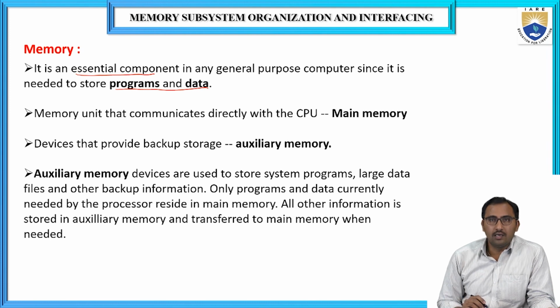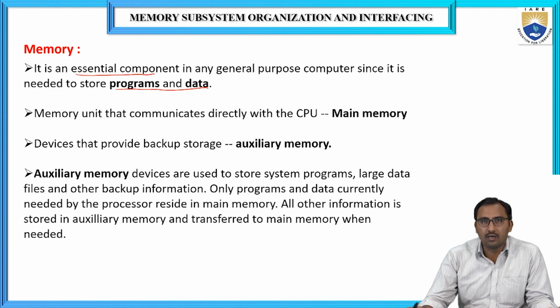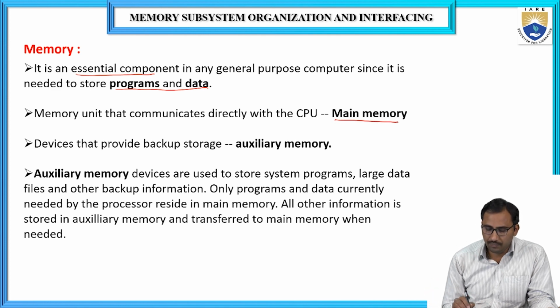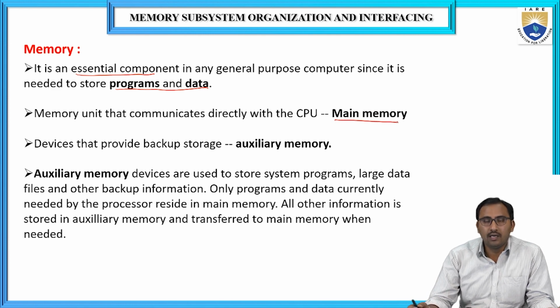And inside the computer, we have different memories like main memory, auxiliary memory, cache memory, and so on. Main memory is the memory unit which can directly communicate with the central processing unit. So that is called main memory.